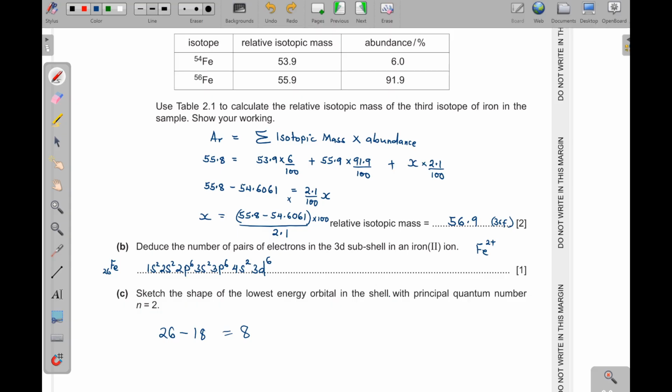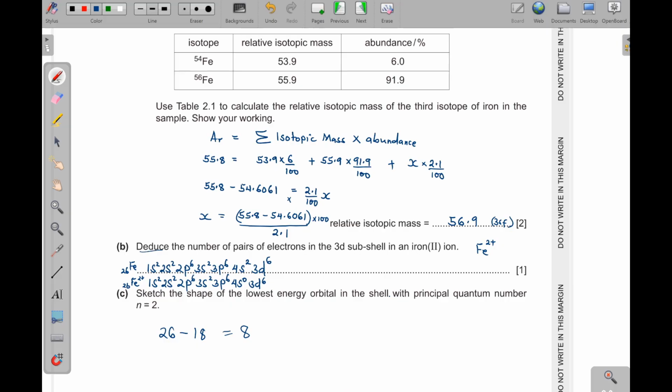Then for iron 2, we have 4s0, 3d6, and all the rest are the same, so just duplicate them. It is still position 26; it is electrons that have been lost, but not protons.